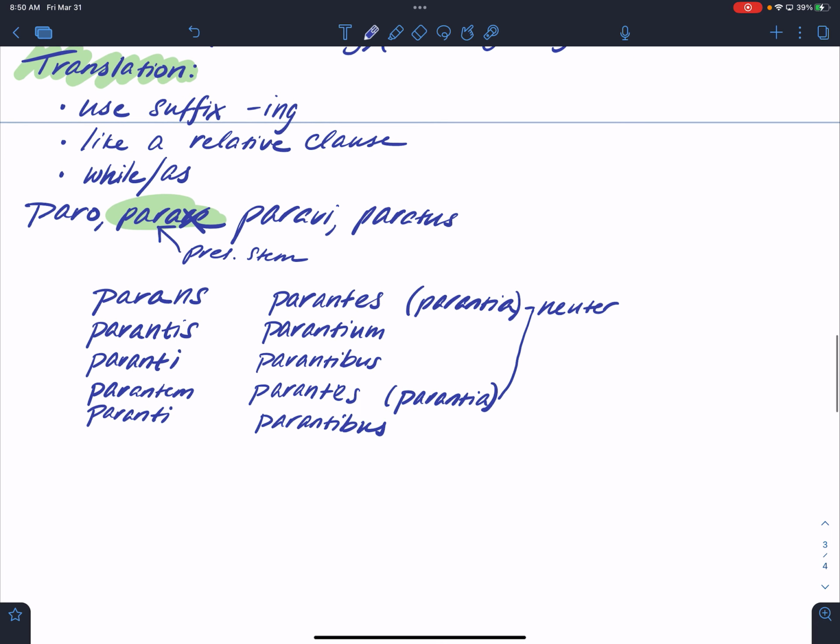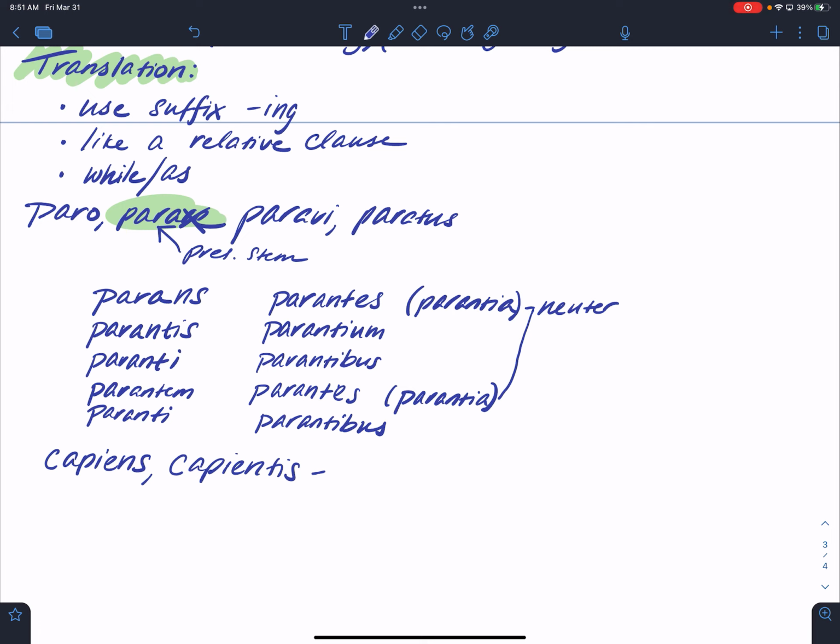Now, just for your own knowledge, I'll write down some examples of some other participles that exist, and you can tell me what they mean. Okay, capiens, capientis. Where does that one come from? Sometimes it's helpful if you know all four principal parts, say them in your head and you'll be able to figure it out.